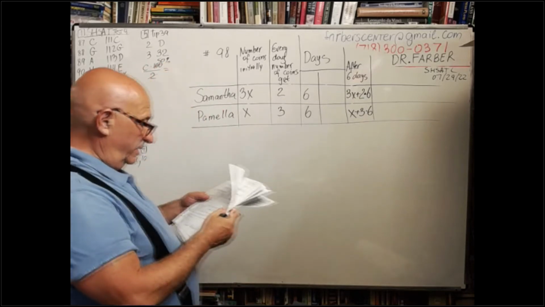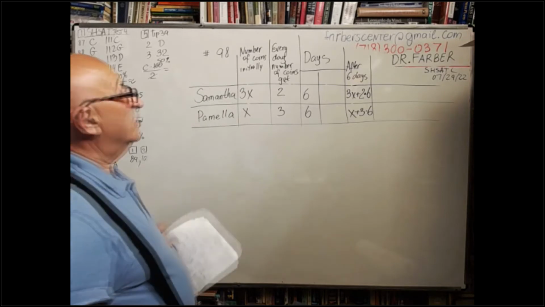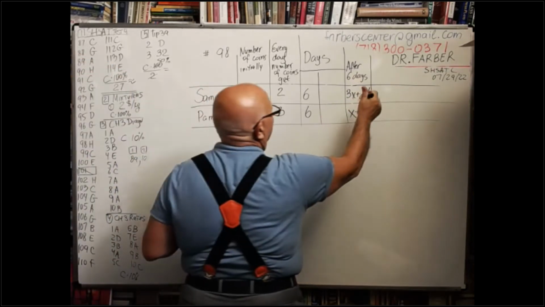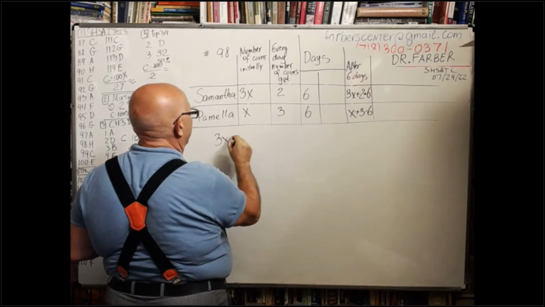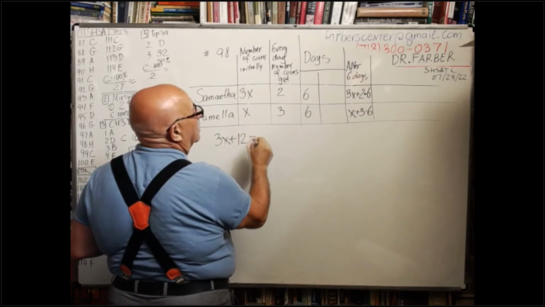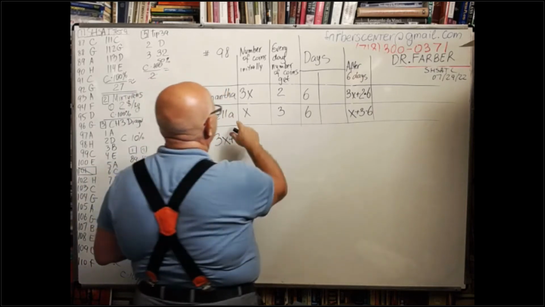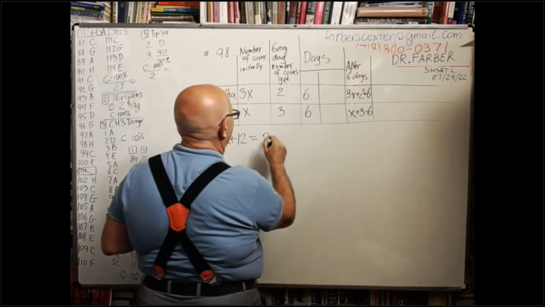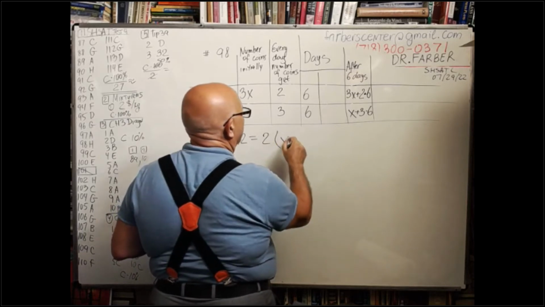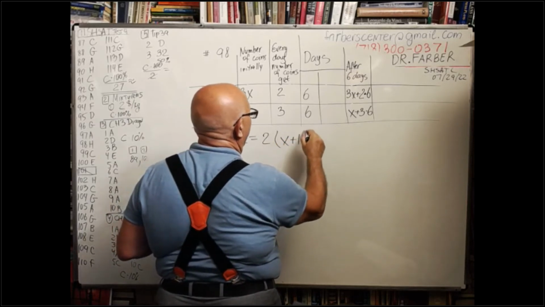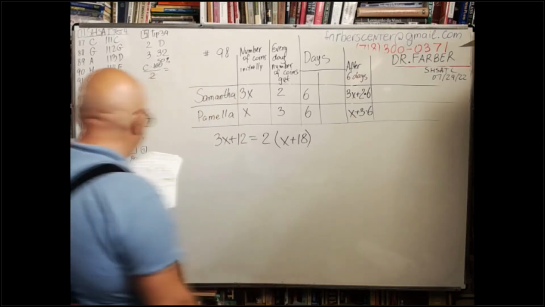In addition, they said that this amount, this is 12, right? 3x plus 12. They said would be 2 times more than Pamela. X plus 18. Why? Because they said 3 times 6, 18. They said 2 times more in this text.